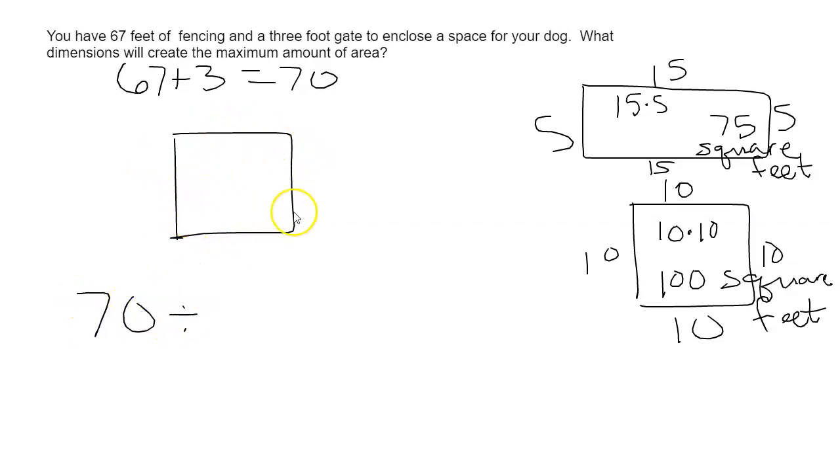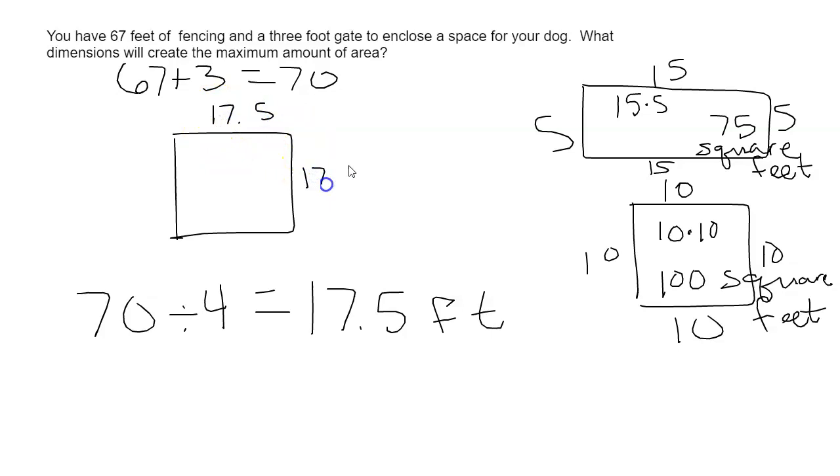We want 4 equal sides. If we divide by 4, we get that each side is supposed to be 17.5 feet. So if you don't mind cutting the fence into that amount or just bending it, then each side should be 17.5 feet.